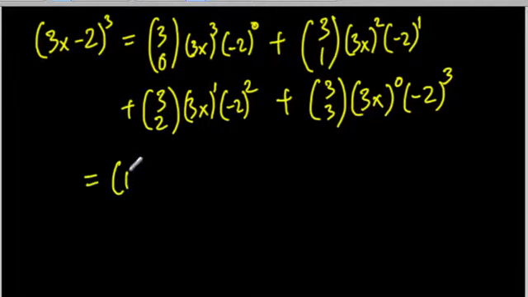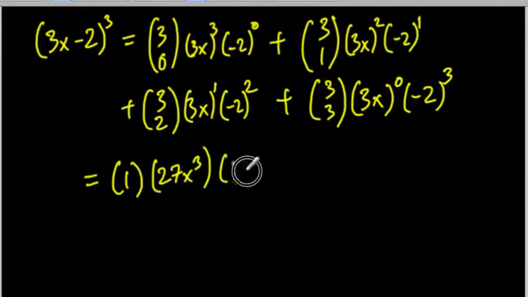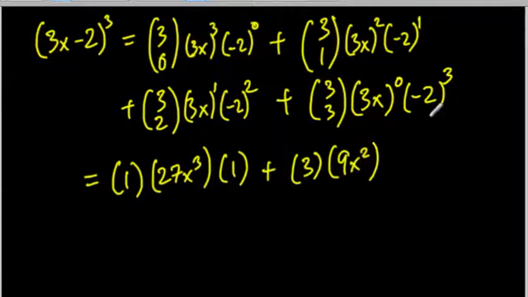3 choose 0 is 1. 3x cubed is 27x cubed times 1, plus 3 choose 1 is 3. 3x squared is 9x squared.